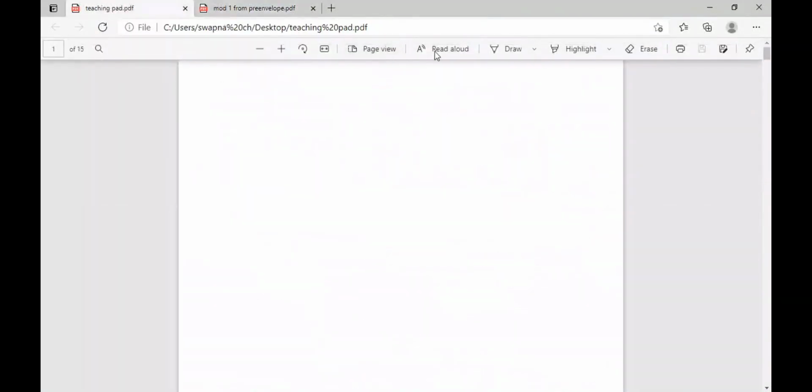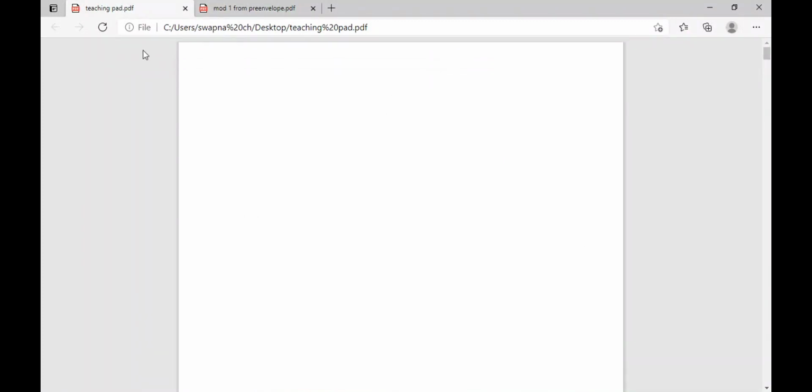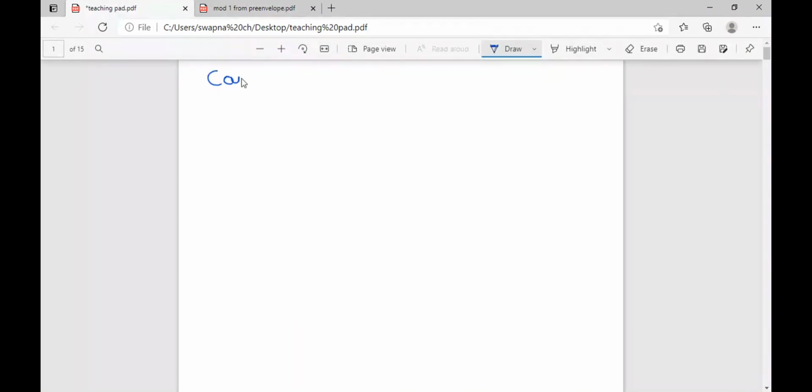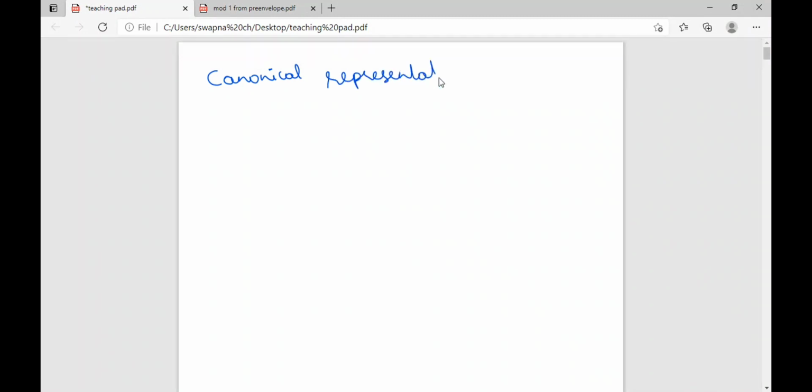One second, let me write here. Canonical representation of bandpass signals. Okay, so this is what we have seen.